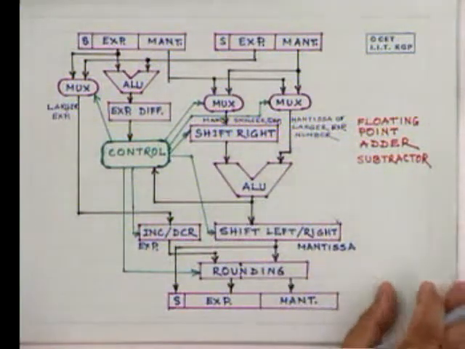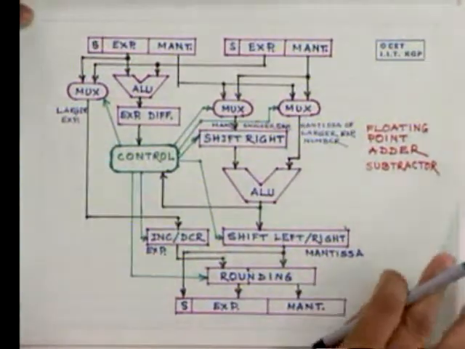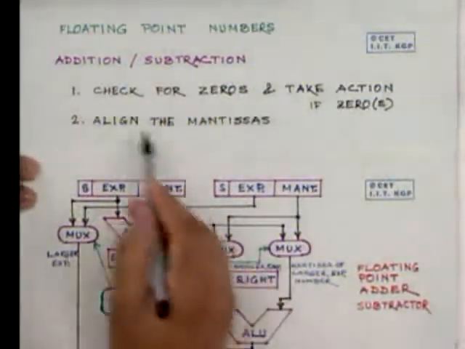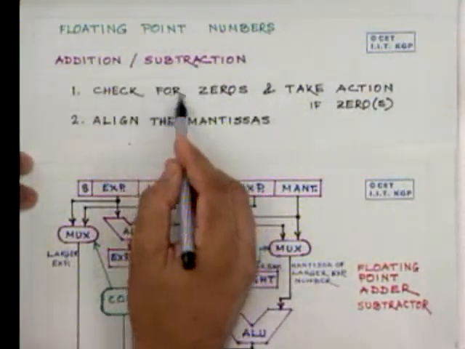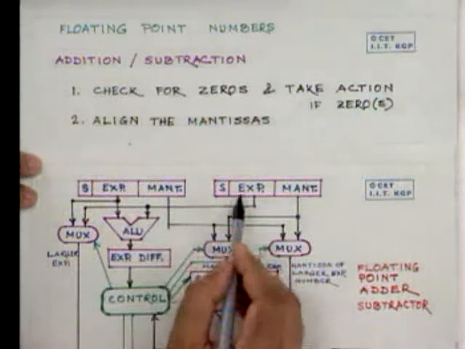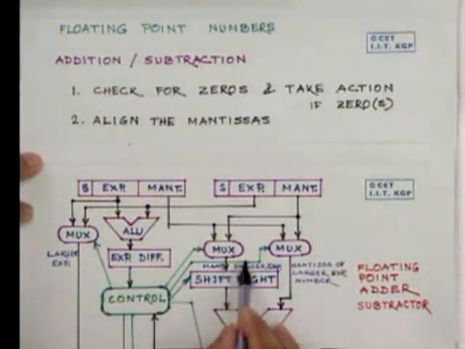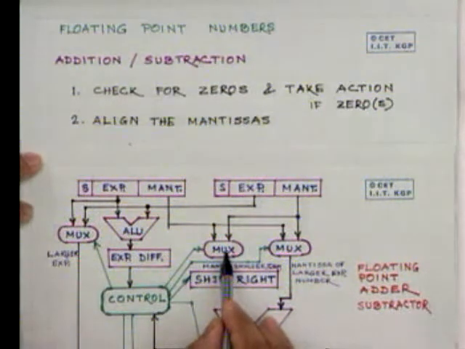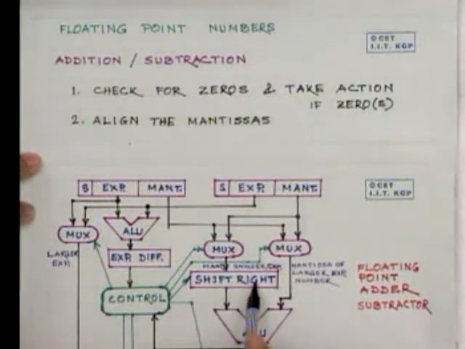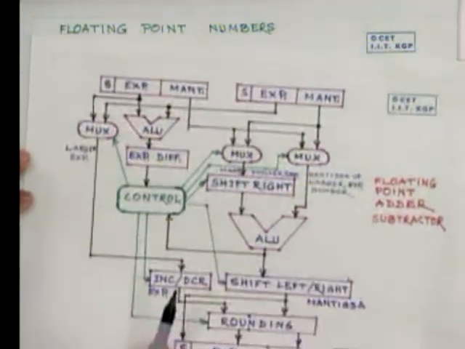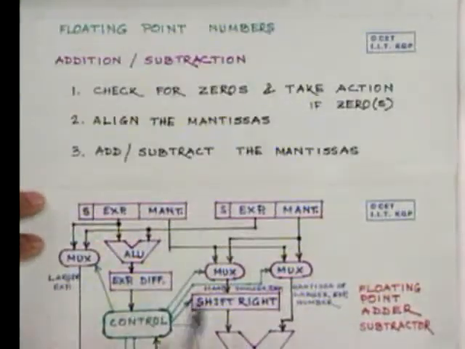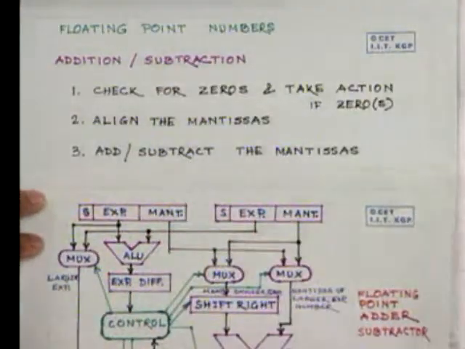You see, we'll have to align the mantissas depending upon the difference of the exponents. So the number with the smaller exponent comes over to here and is shifted right, to bring it to the same exponent as the number with the larger exponent. Then the arithmetic addition or subtraction is done.